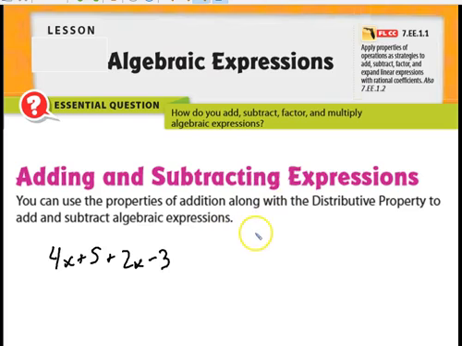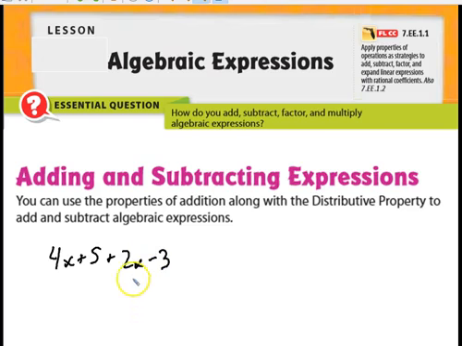Like terms are terms that either don't have a variable, like the 5 and the 3, those are constants, just a number without a variable, or a variable that is raised to the same power. So these x's are like terms due to the fact that they are both raised to the first power.